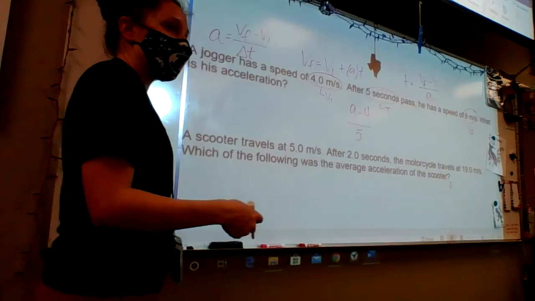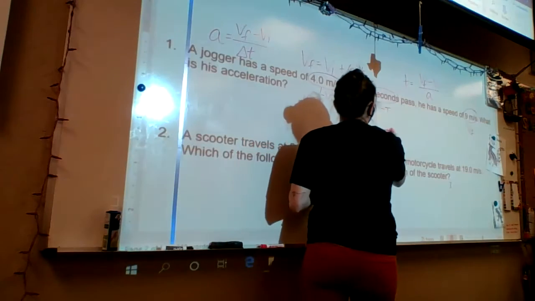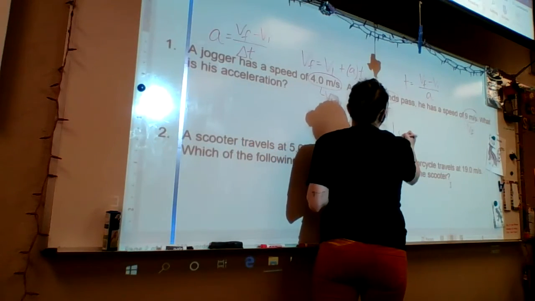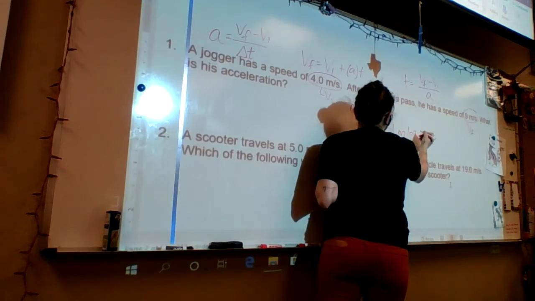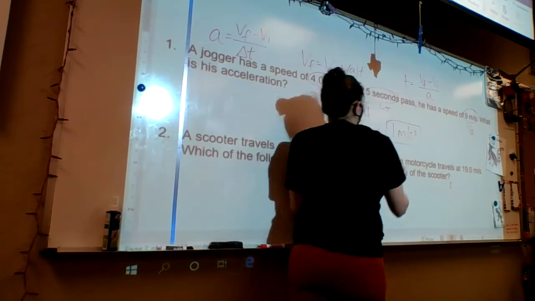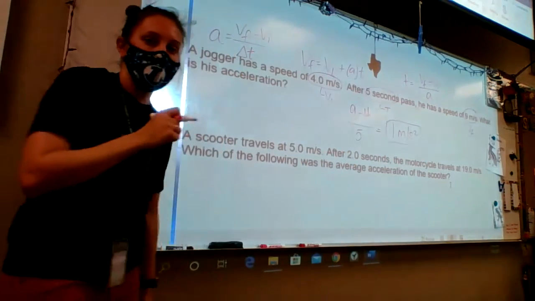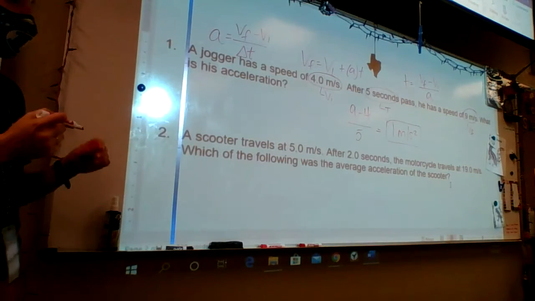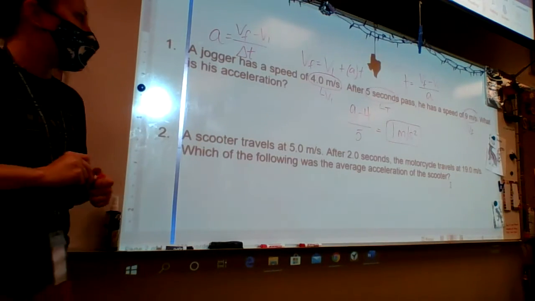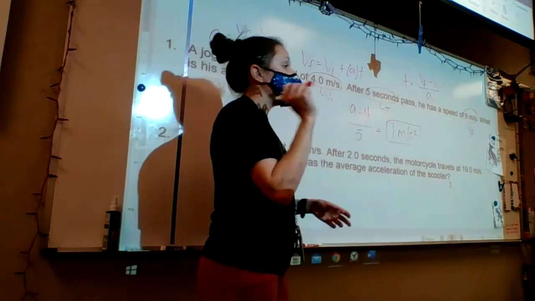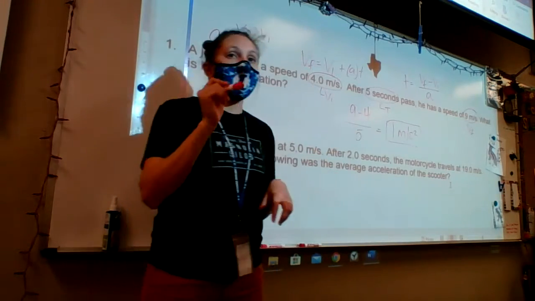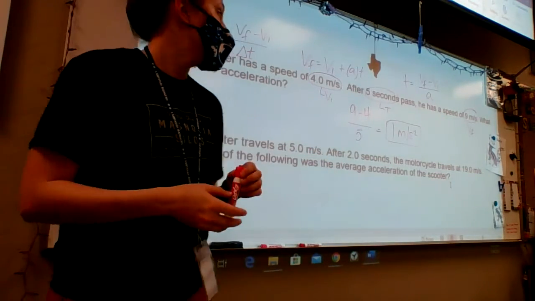What's 5 divided by 5? 1. So our acceleration is 1 meter per second squared because A is squared. Make sure you are subtracting first. So 9 minus 4, enter, divided by 5, enter whenever you go to use your calculator.